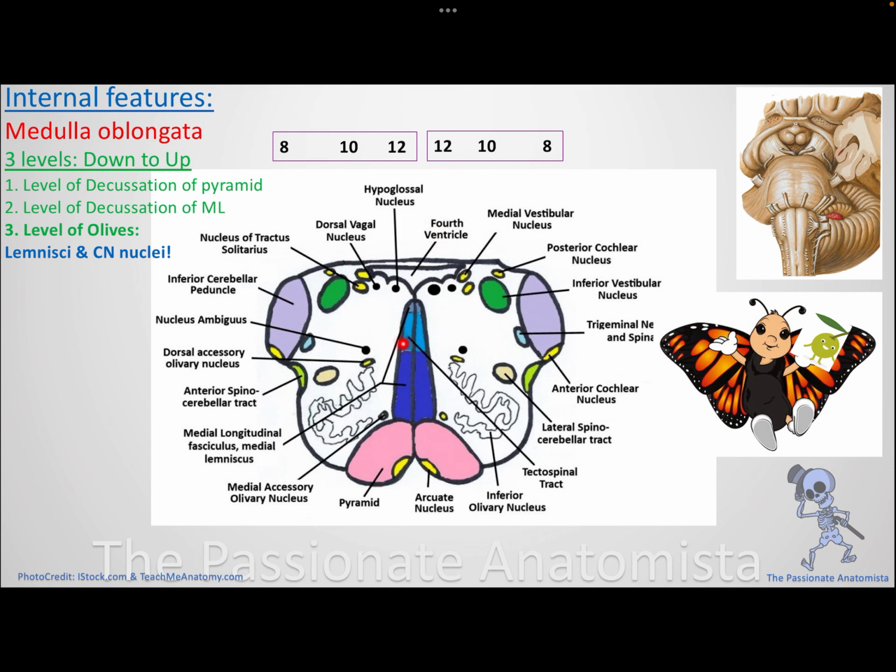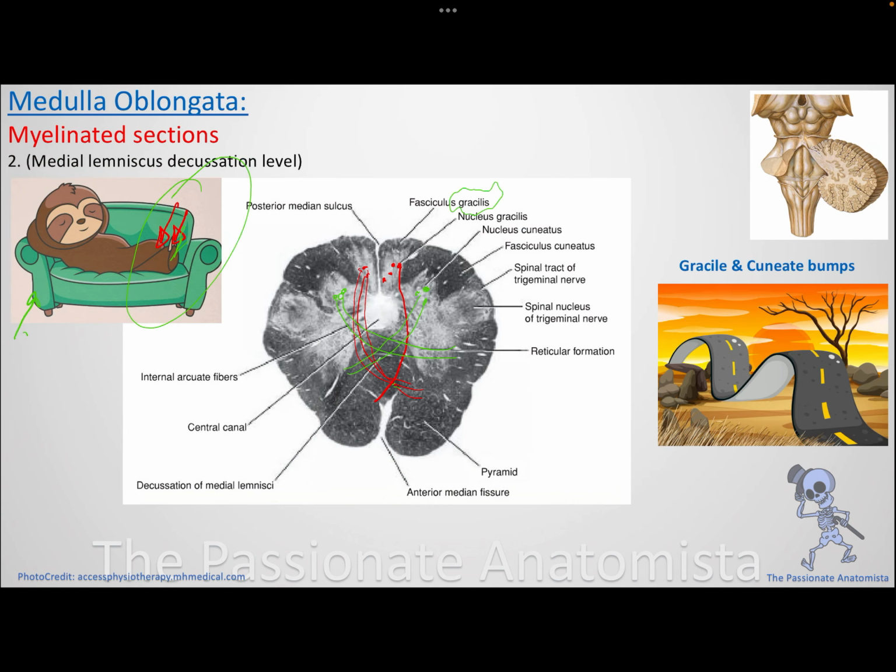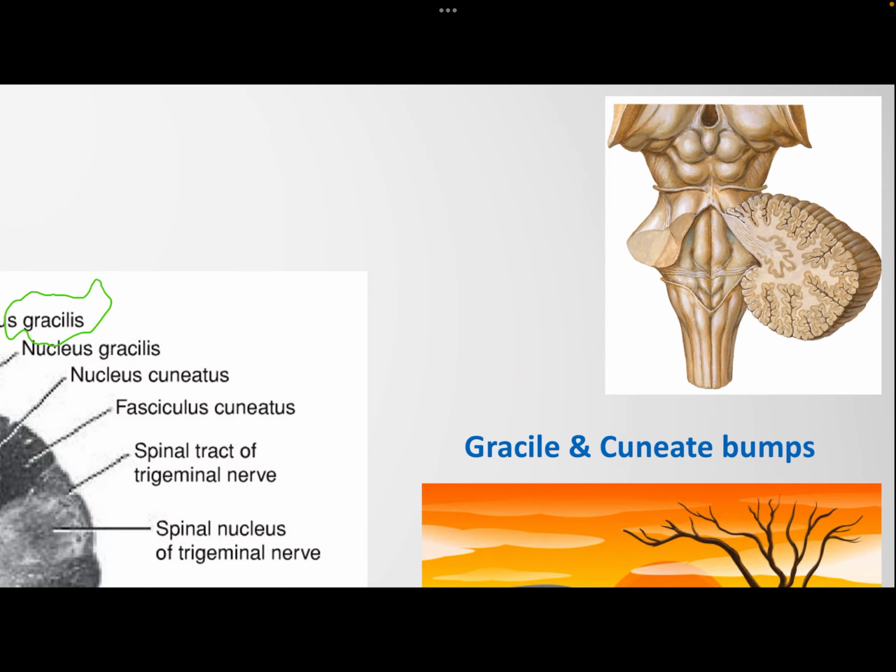Why is this important? This is going to tell you what you can see here. Remember when I told you in the open medulla we have the hypoglossal trigone, most medial. This picture is not accurate. Actually, the hypoglossal should be more medial.